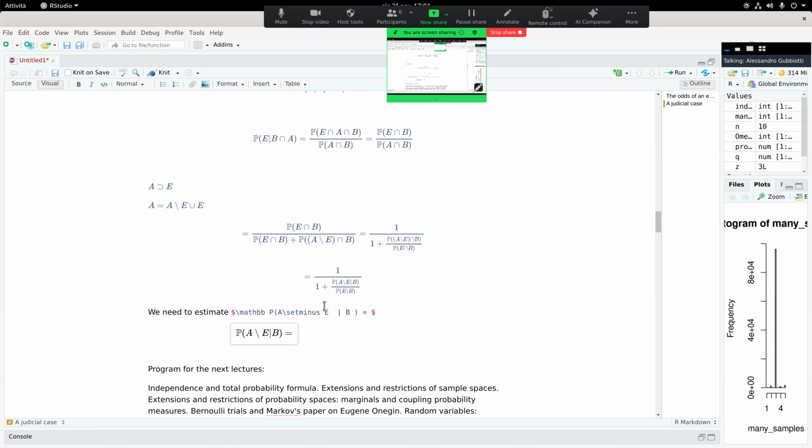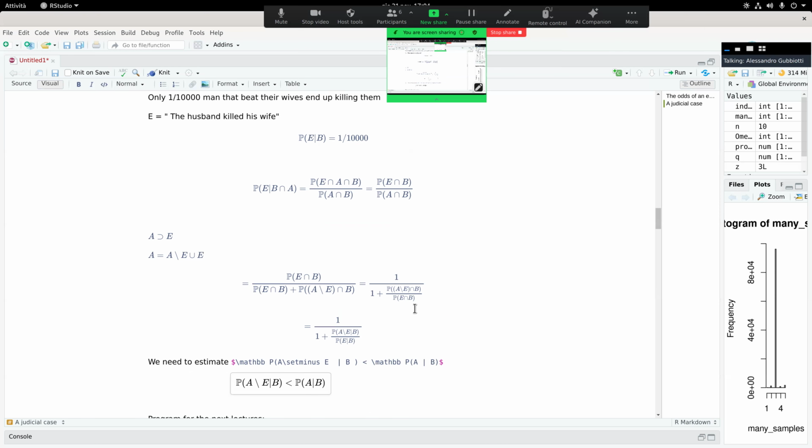So we say that this is smaller or equal than the probability that a woman has been killed, given that her husband beats her, and this is equal to... okay, no, we cannot say that the events are independent.